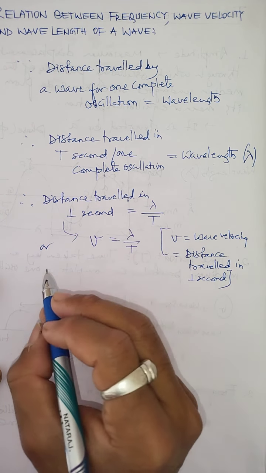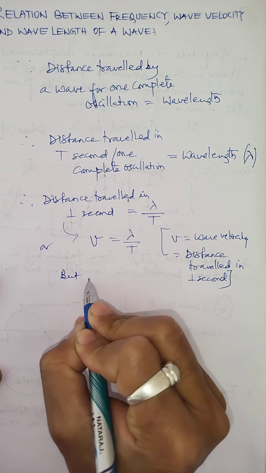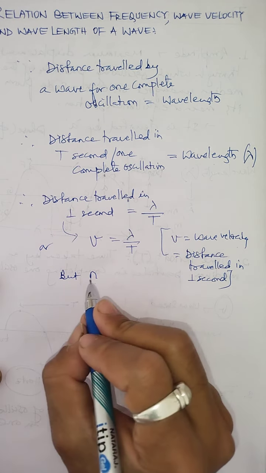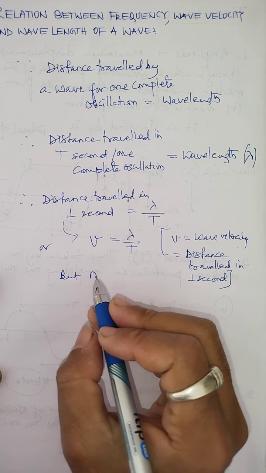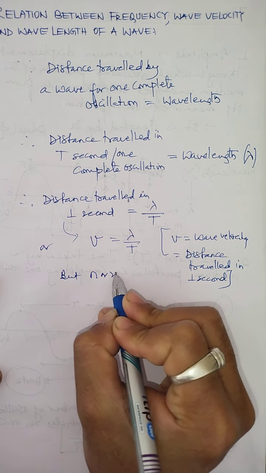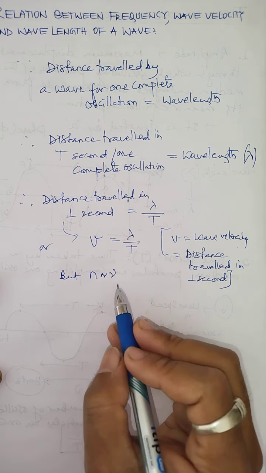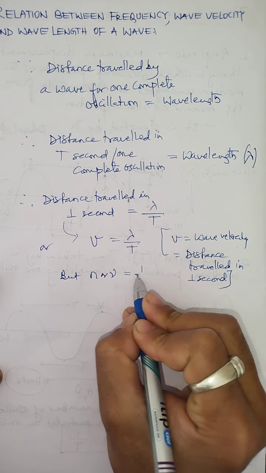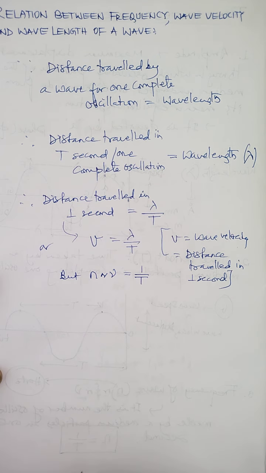Now if v is lambda by T, you know that n means the frequency. You can write f also, you can write nu also, but I am using n. In some cases you can use n or nu as the symbol of frequency. And this frequency is always the reciprocal of time period.